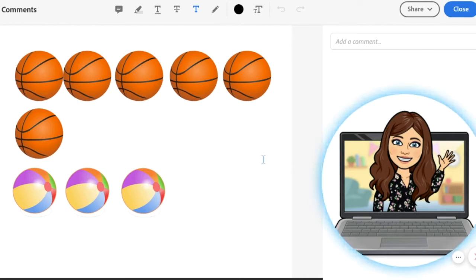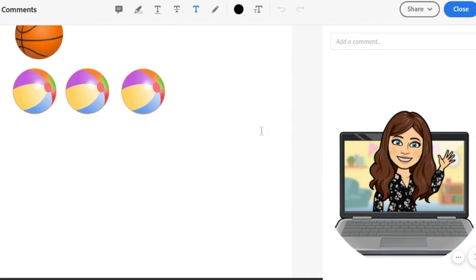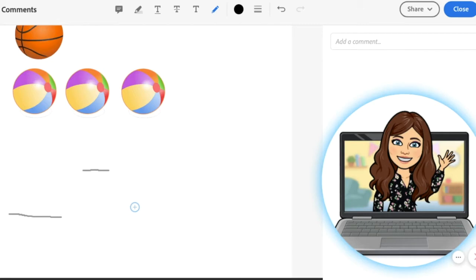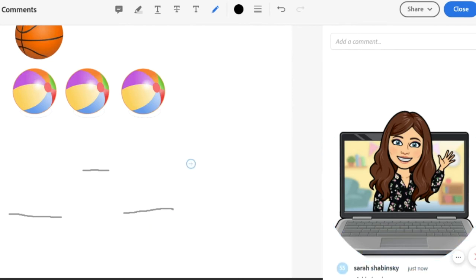So, friends, remember our number sentence here will be the first number, and then we have the minus sign, and this minus sign is the symbol for taking away, so subtracting or separating this amount, which is going to be the second number.